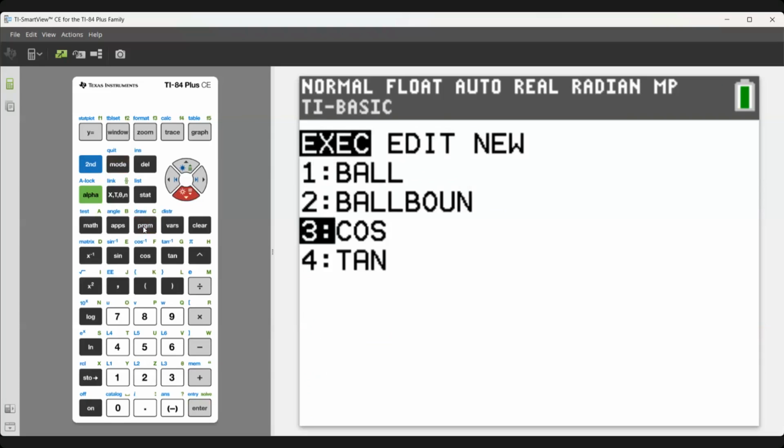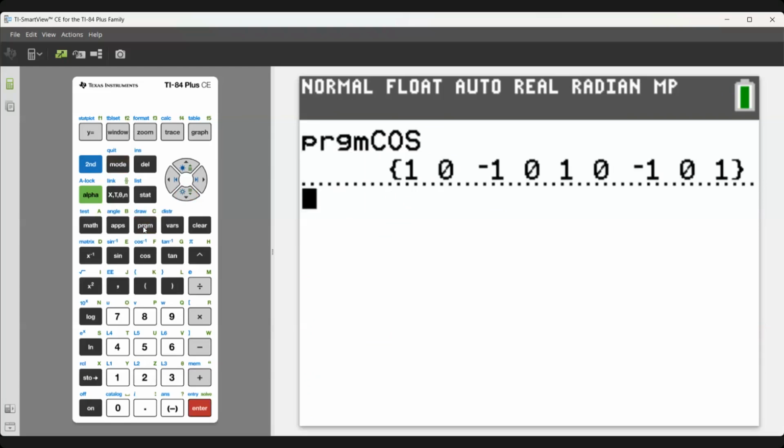And so the pre-image points for cosine, we're using the quadrantal angles. At angle 0, we have cosine of 0 is 1, and then pi over 2 is 0, and pi is -1. 3 pi over 2 is 0, and then at 2 pi it's back to 1.